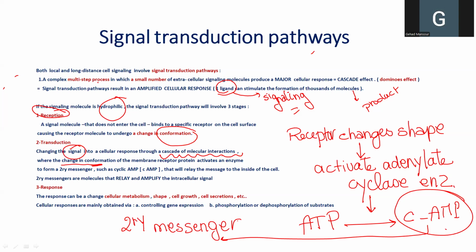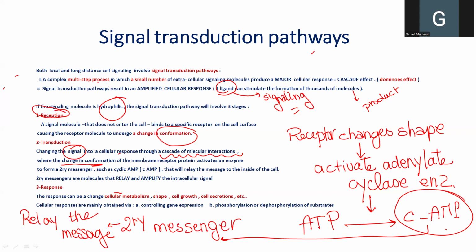So we call it a secondary messenger just because it will relay the message of the hydrophilic signaling molecule. The hydrophilic signaling molecule cannot pass across the hydrophobic interior of the phospholipid bilayer.